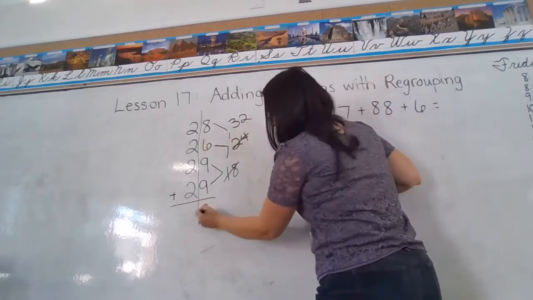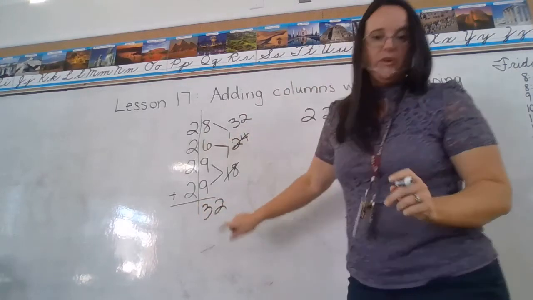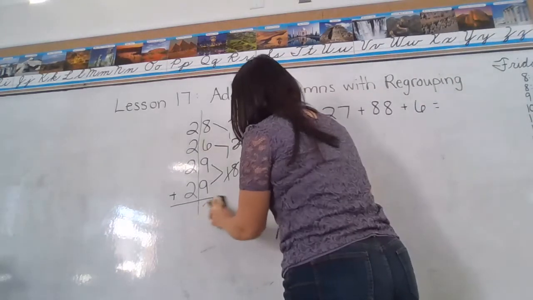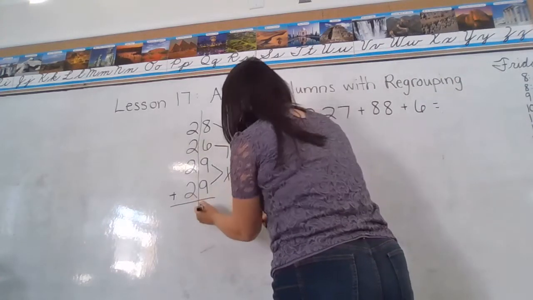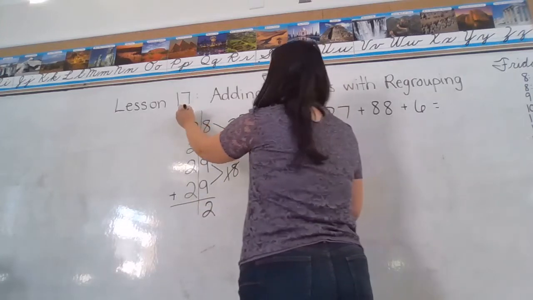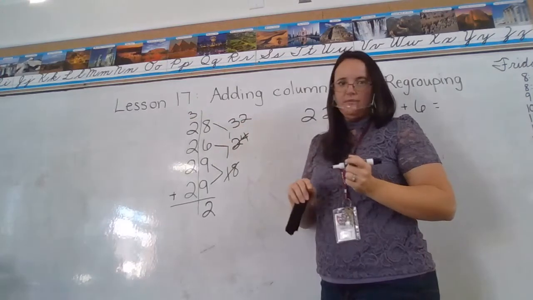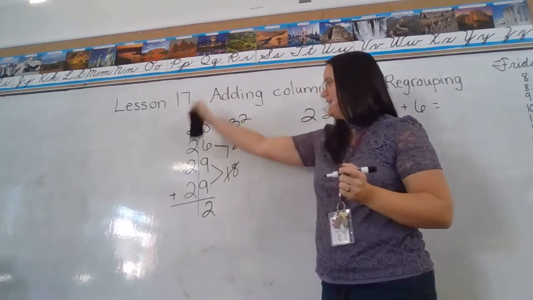I'm not going to write that down here. That doesn't work. I have to just put my ones in the ones column. So I put a 2 down here, and then I carry the 30, or the 3, up to the tens columns. And then I do the same thing on this side.